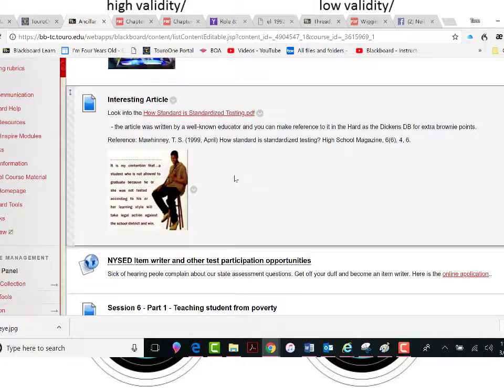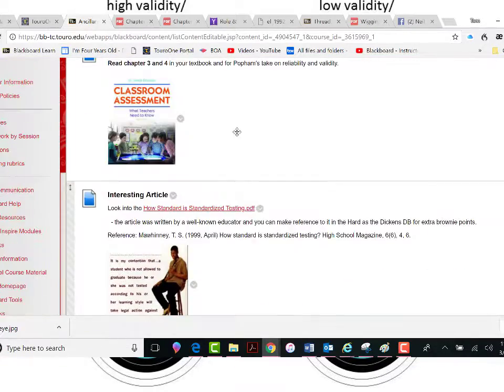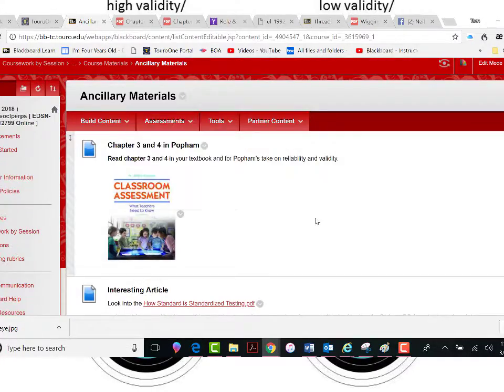Also, this is the article I mentioned in my teaching memo, How Standard is Standardized Testing. You may want to look at that and react to it in the second week of the discussion board. And I also mentioned chapter 3 and 4 in Popham, which is validity and reliability. If you prefer Popham, a lot of people like the way he writes.